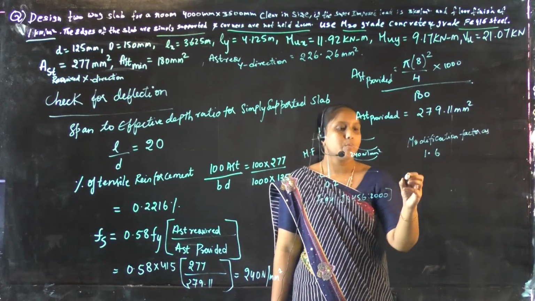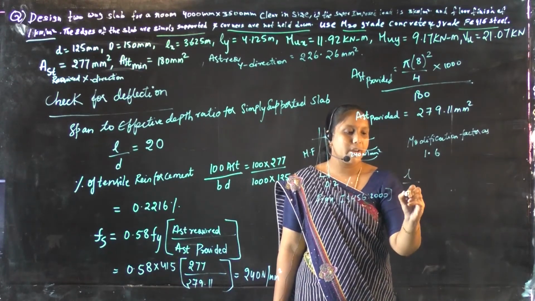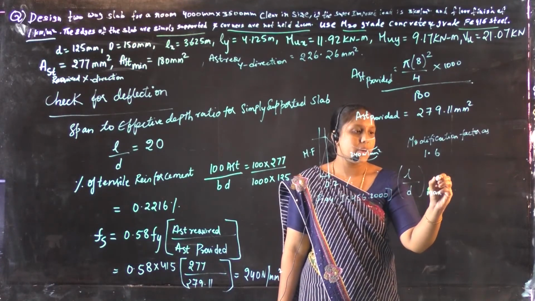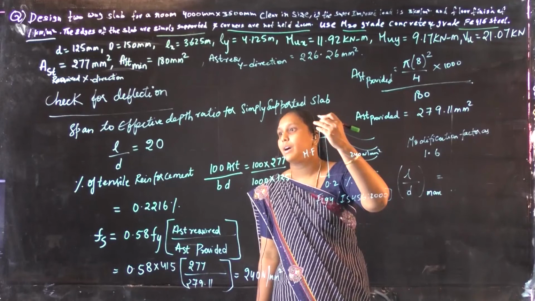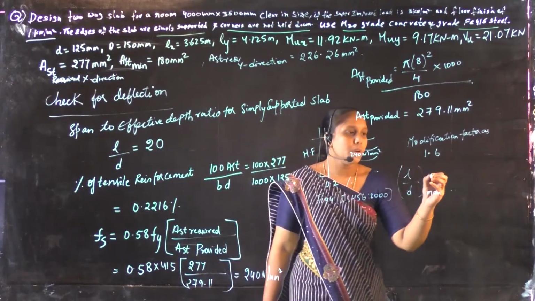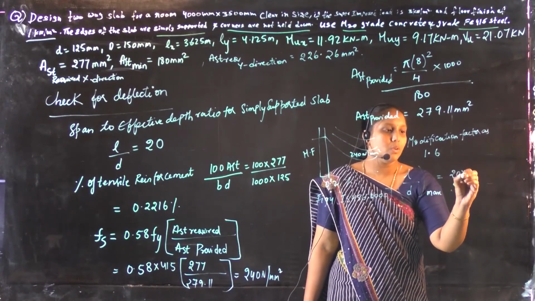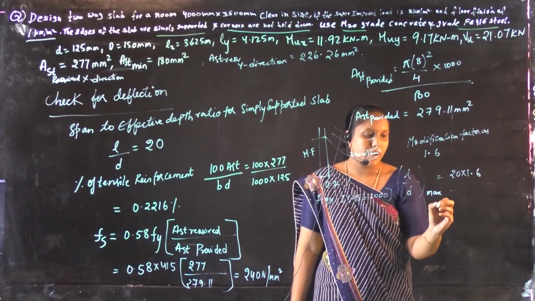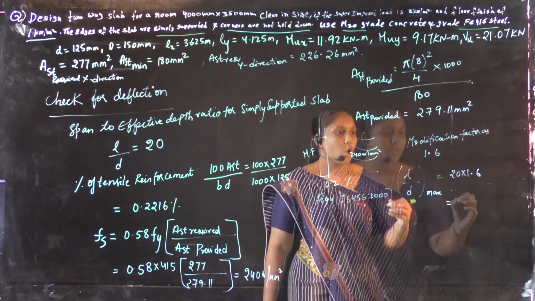Now we have to calculate the L by D max. The basic L by D ratio is 20, so 20 into 1.6, the modification factor. From that you will get a value of 32.